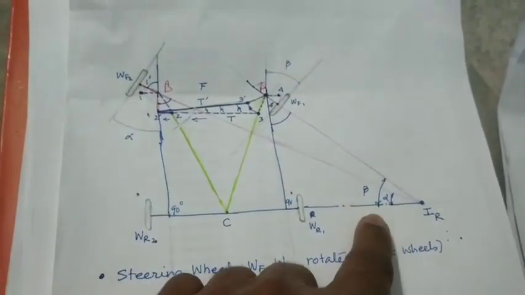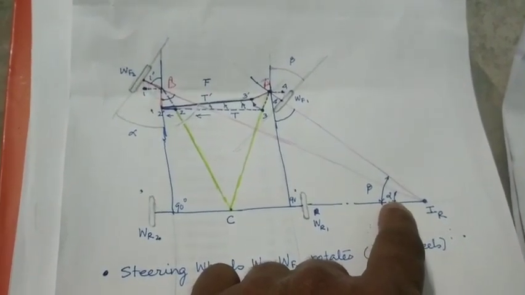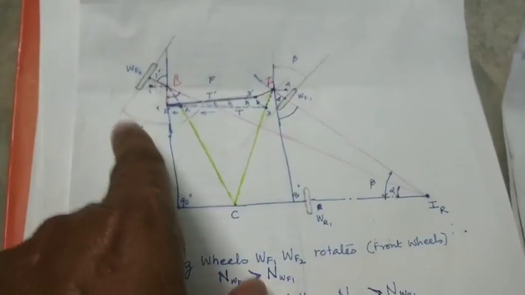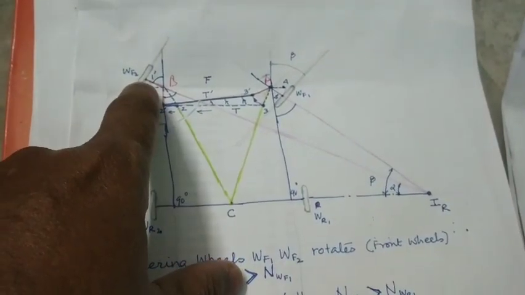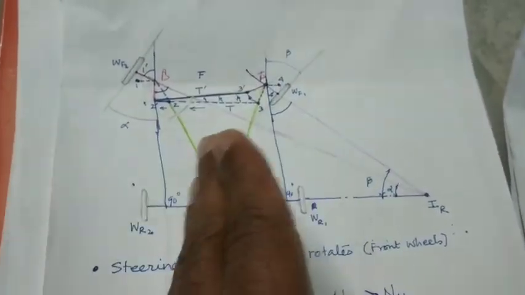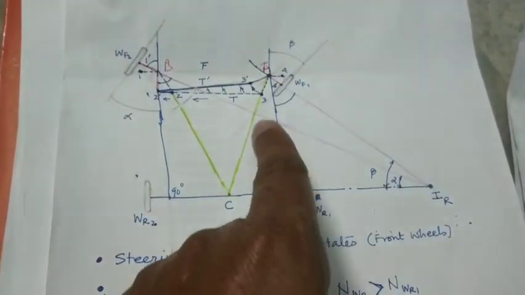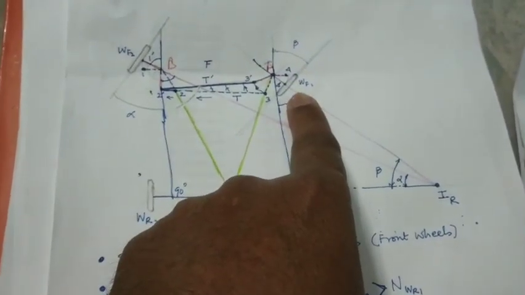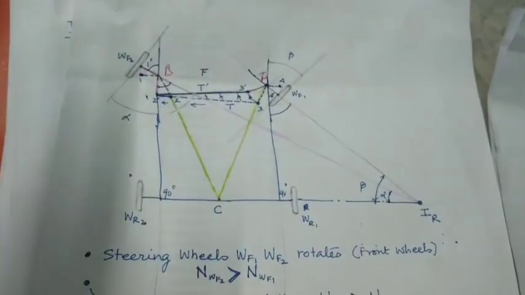Alpha is on this particular wheel, and beta is on this particular wheel. So the slip angles of the two wheels are different, and therefore the RPM of the inner wheel will be lesser and the RPM of the outer wheel will be larger.